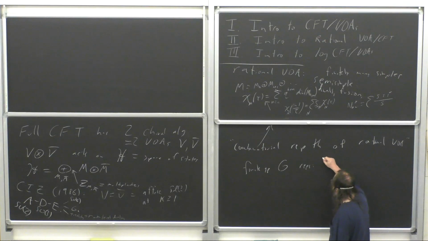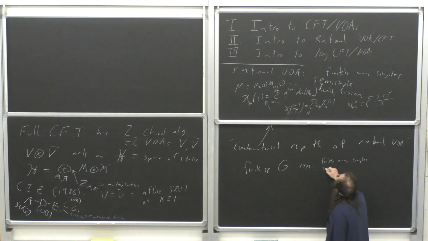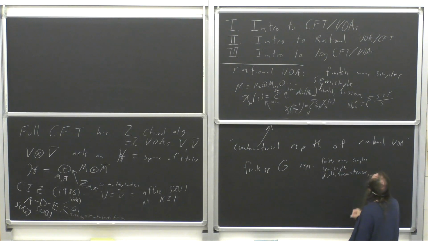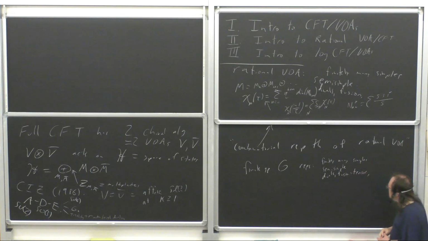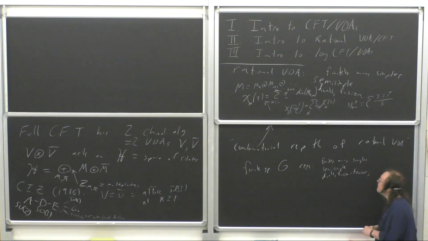What you have are finitely many simples. You have a semi-simple theory. You have duals. You have a fusion, which is usually called tensor product. And you don't have characters in the same sense.